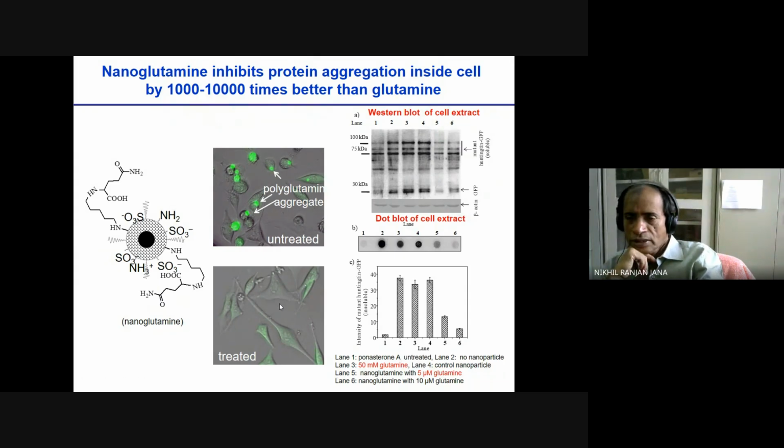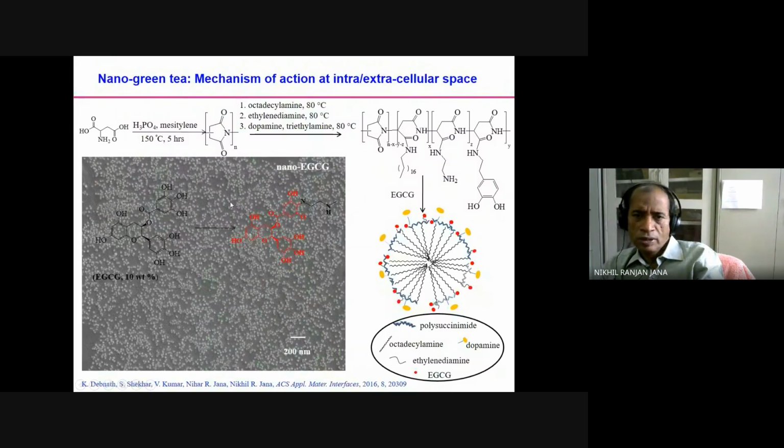Protein aggregations are inhibited. These are finer structures, protein estimations, to check whether the aggregated proteins are degraded into small particles or not. It's a nano green tea. How do we design them, and how do we use them for inhibiting protein aggregations in cell and mouse models.